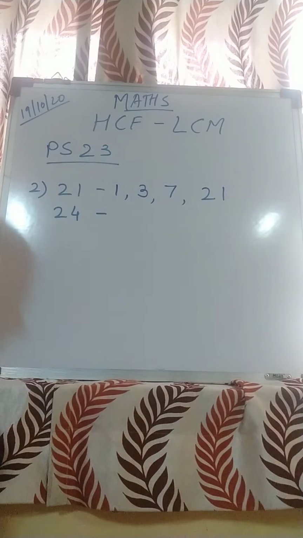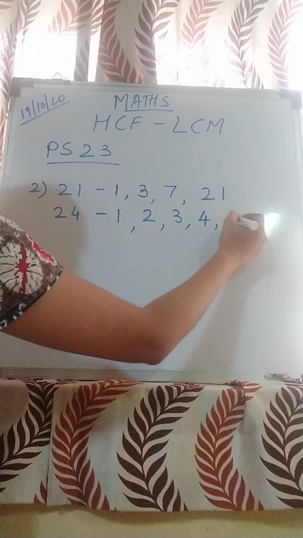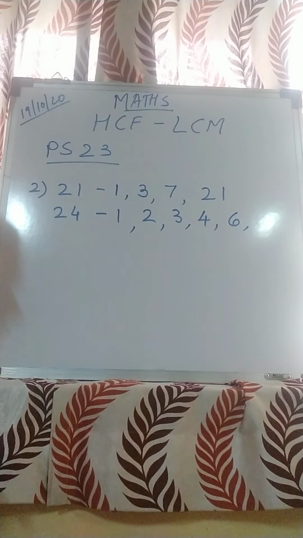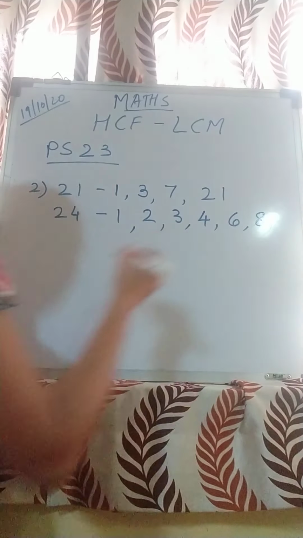Next is 24. 1. Then because 4 is there, 2. Then 2 plus 4 is 6, therefore 3. 24 can divide by 4, that's why 4. Next 5 is not possible. Then 6, by 6 it can divide. 7 is not possible. 8 threes are 24, so 8.